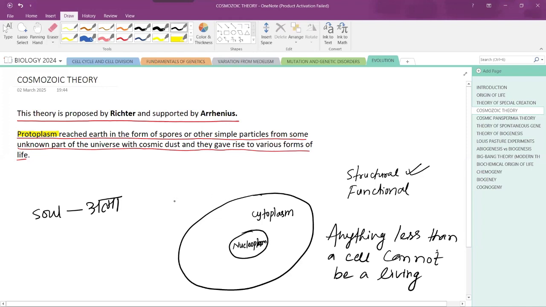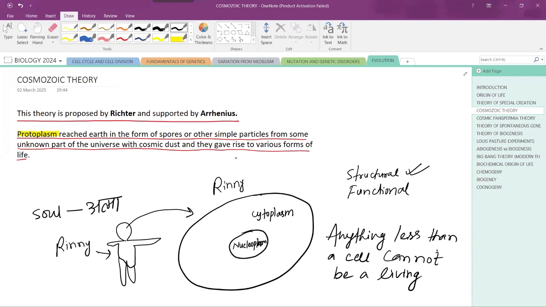Why? Because if I say that this body is Rini, and I have isolated a cell from Rini, can I also call this cell Rini? Yes or not? Yes.